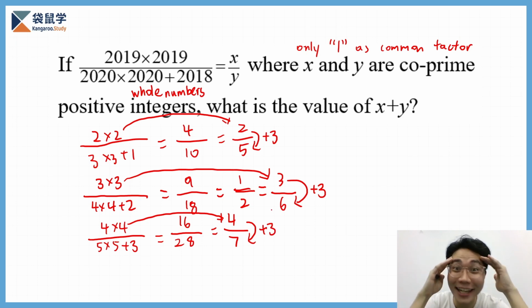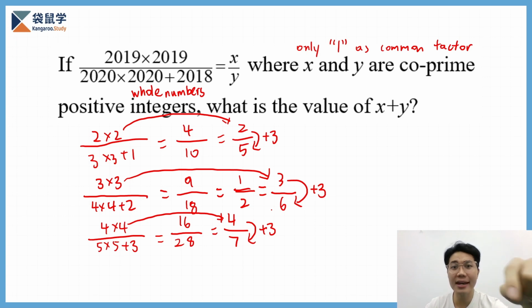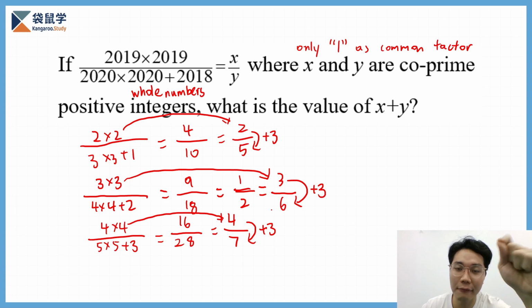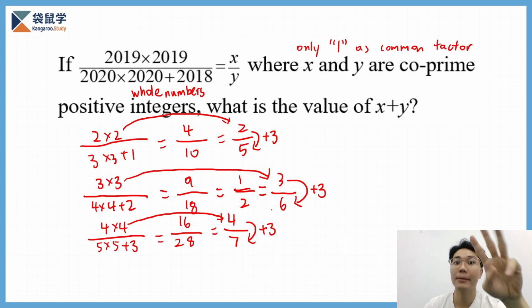Oh, have we figured out the answer? We have already checked 3 times, which means that there is a pattern. The pattern is the numerator will be the same as the first number, and the denominator will simply be a plus 3.